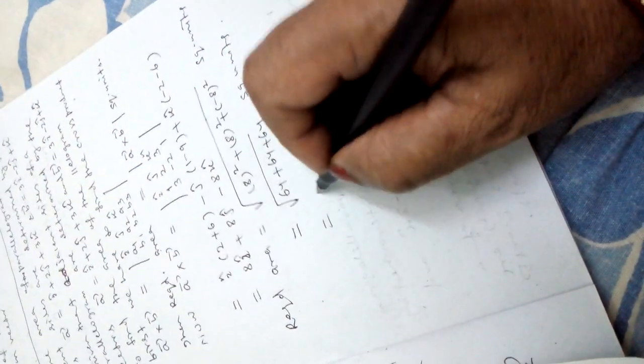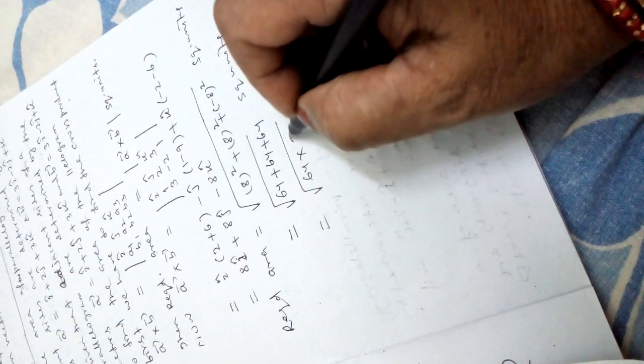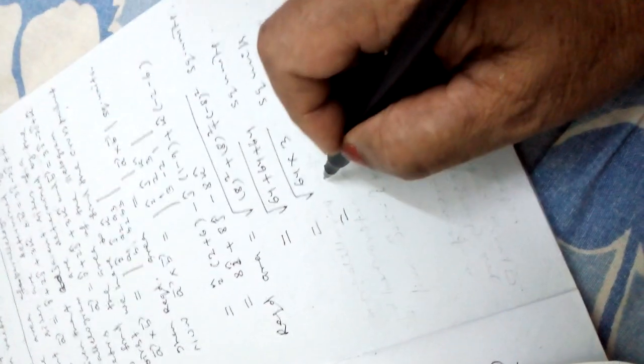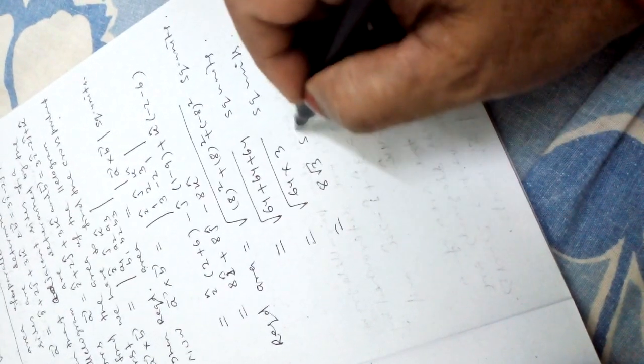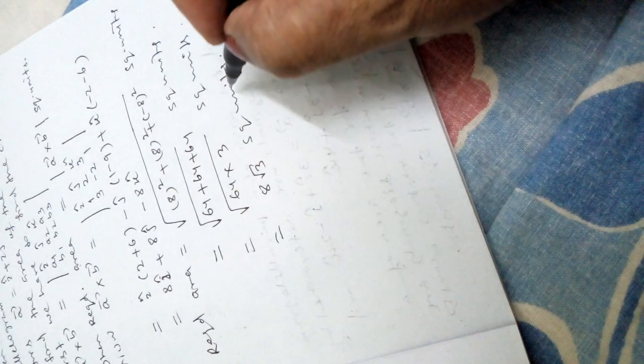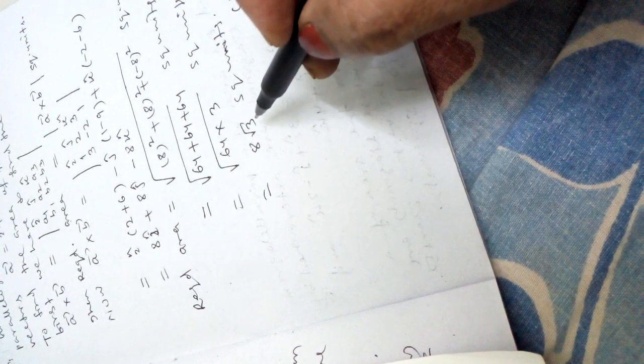So this is equal to square root of 64 into 3 square units. So this is equal to 8 into root over 3 square units. This is the answer. That is, the area of the parallelogram whose adjacent sides are determined by the vectors A and B is 8 into root over 3 square units.